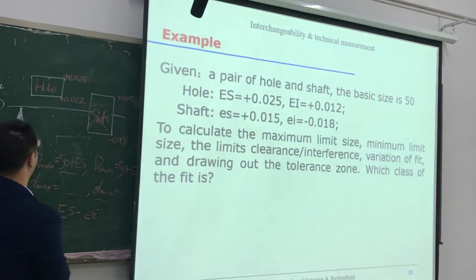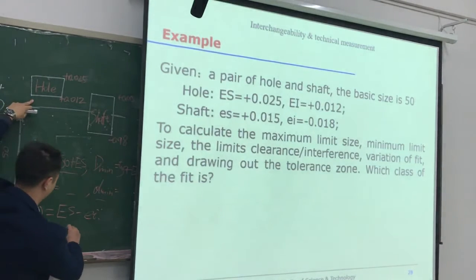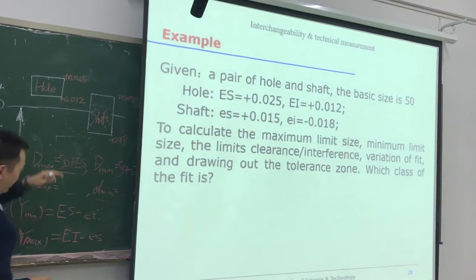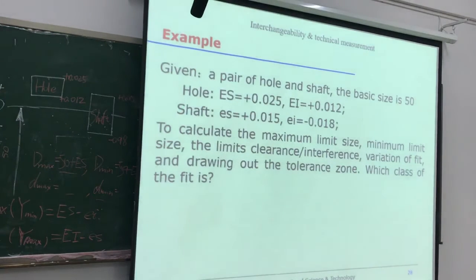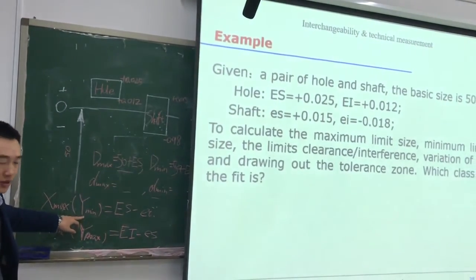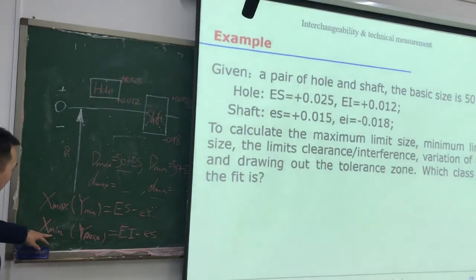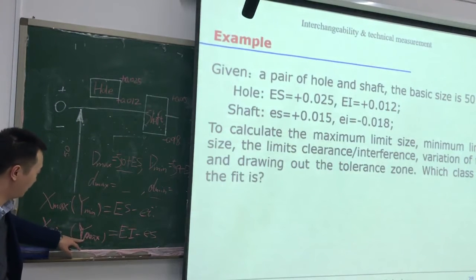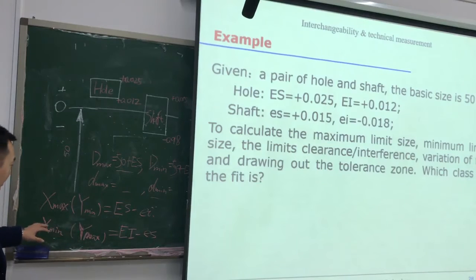We can use the symbols: EI minus es. So here I want to tell you that the calculation of maximum clearance is the same as the calculation of minimum interference. And the calculation of minimum clearance is the same as the calculation of maximum interference. They are the same. Okay.